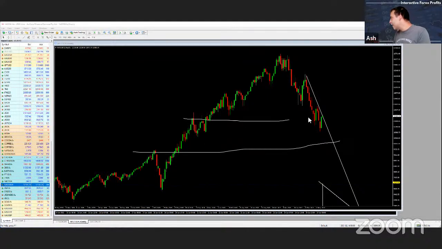But this area, now it has been tested. Obviously, this area here has been tested eventually. So when things start to jettison their way long, eventually they're going to come back and see the area they came from, or near enough, at some point.